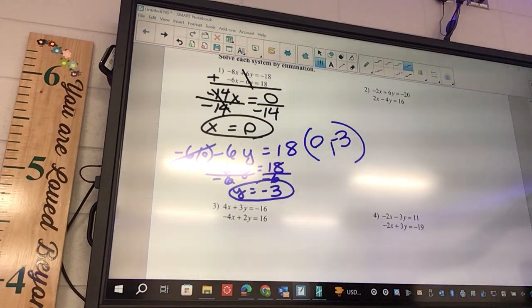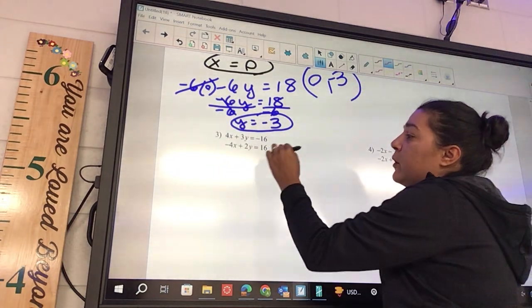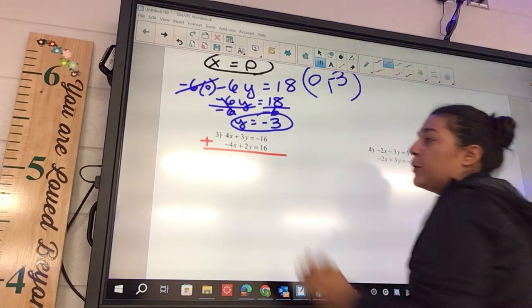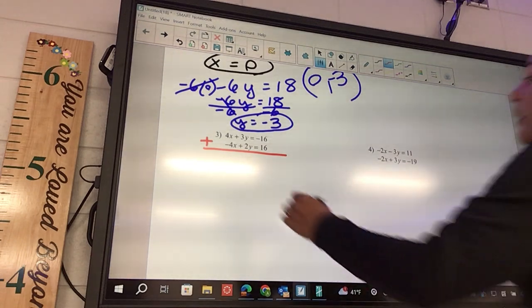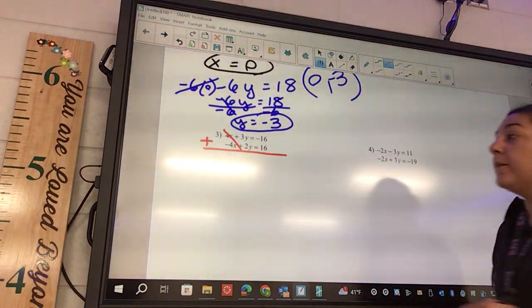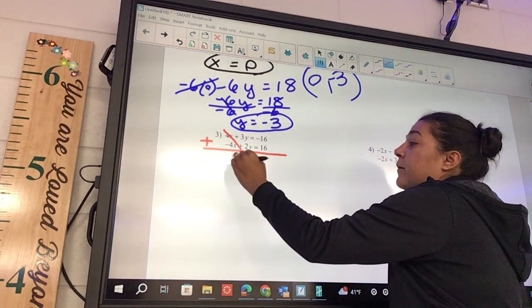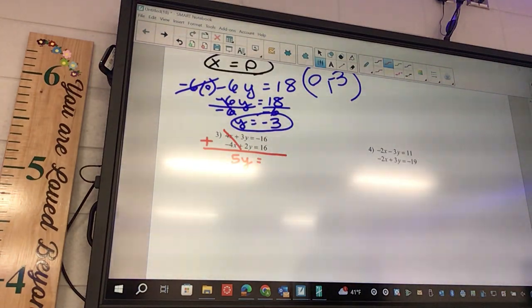Okay, look at number 3. Okay, which ones are going to cancel? Which ones are we going to eliminate? The x's, okay, because one is a +4, one is a -4. So those ones are going to get eliminated, and so we're just going to add these together. What is 3 plus 2? 5y equals -16 plus 16.